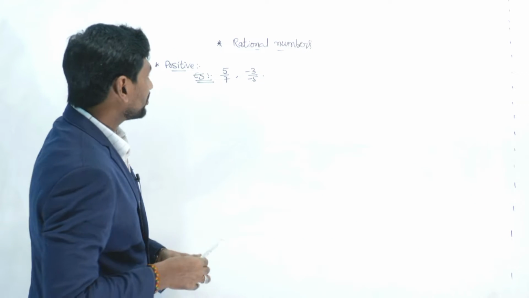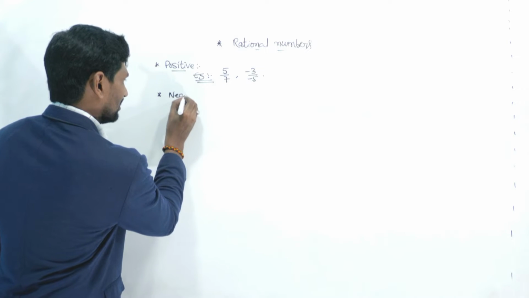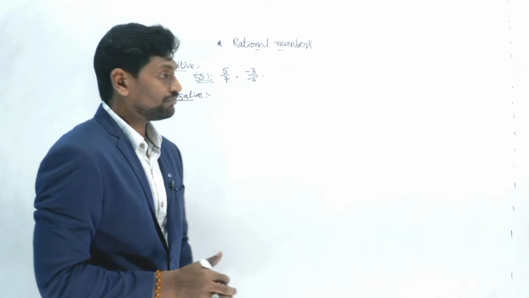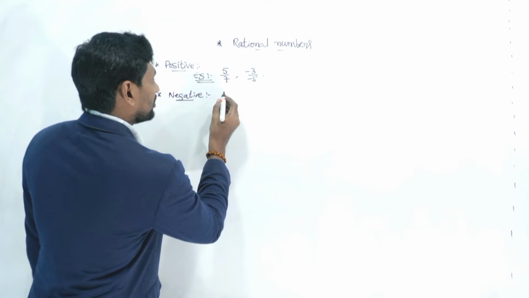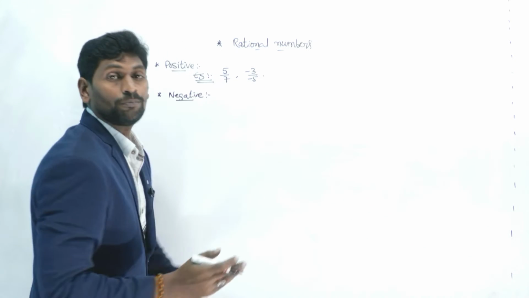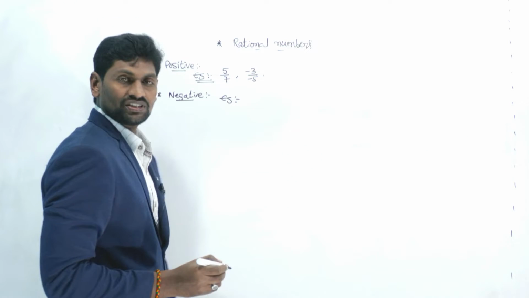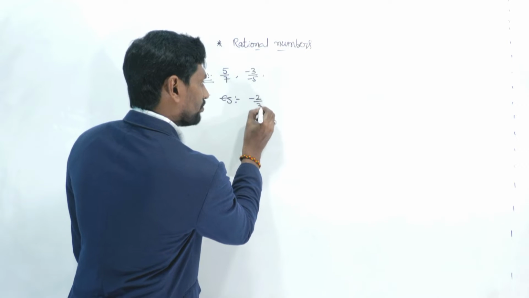And what are negative rational numbers? According to the definition of positive rational numbers, both numerator and denominator have the same sign. Here, numerator and denominator have opposite signs. Such type of rational numbers are called negative rational numbers. So minus 2 by 3.